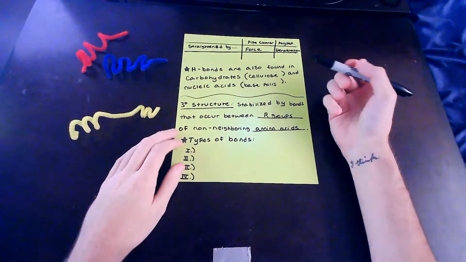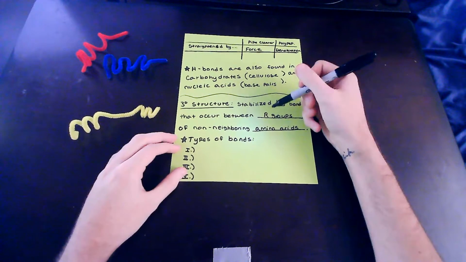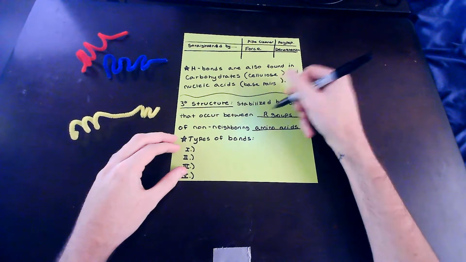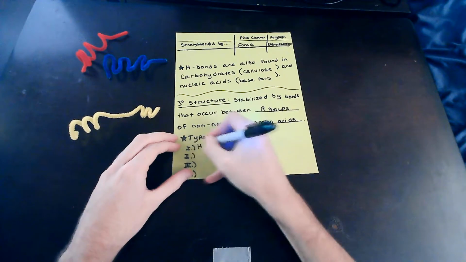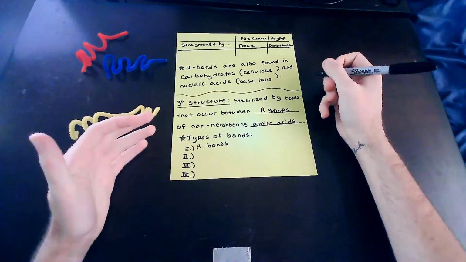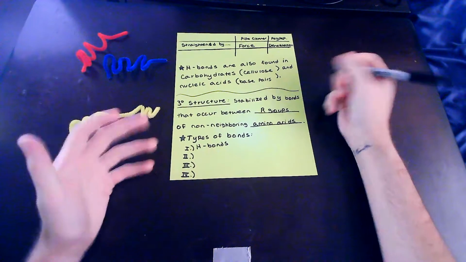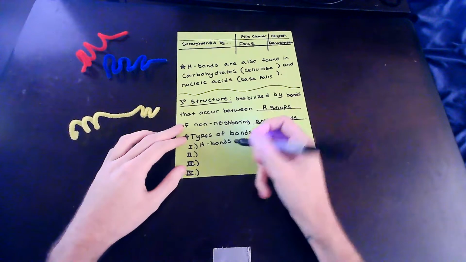But what we're looking for is that secondary structure is between the backbone and tertiary structure is between the R groups. Because tertiary structure also includes hydrogen bonds. So you can't just say hydrogen bonding is secondary structure because it's also tertiary structure. But it's between the backbone in secondary structure.